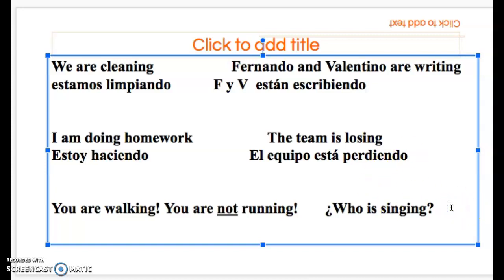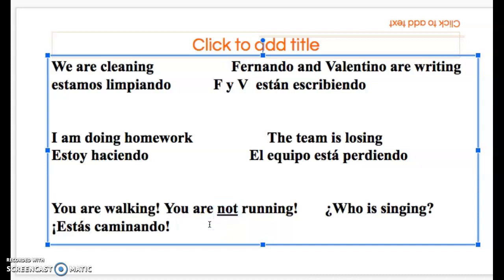I put this one in here because I wanted to show you about the not. So that you are walking, we could use caminar. So estás caminando. I'll put my little upside down one here. Now, even though this not is between the estar and the present participle, it always, always goes in front of estar.